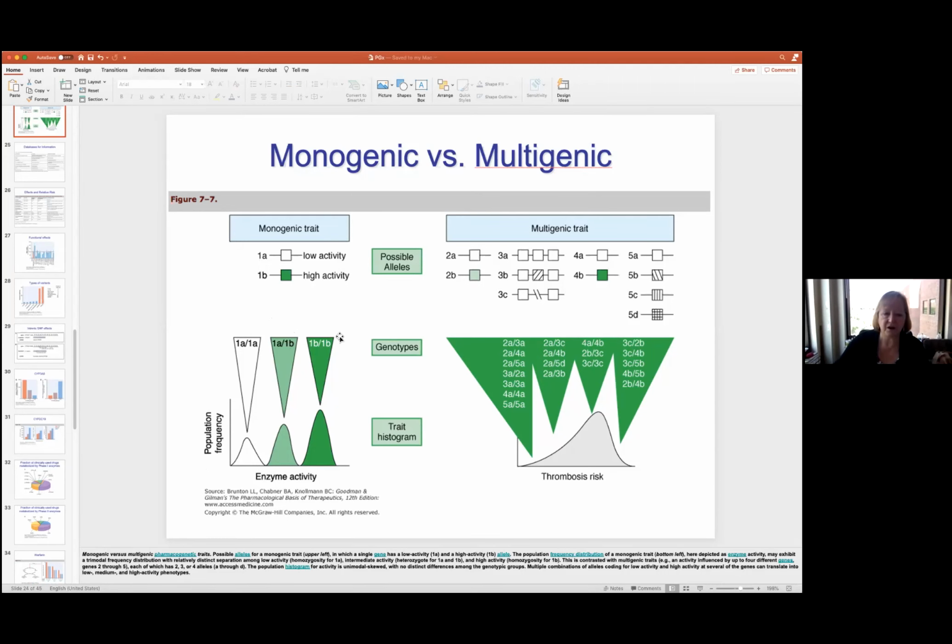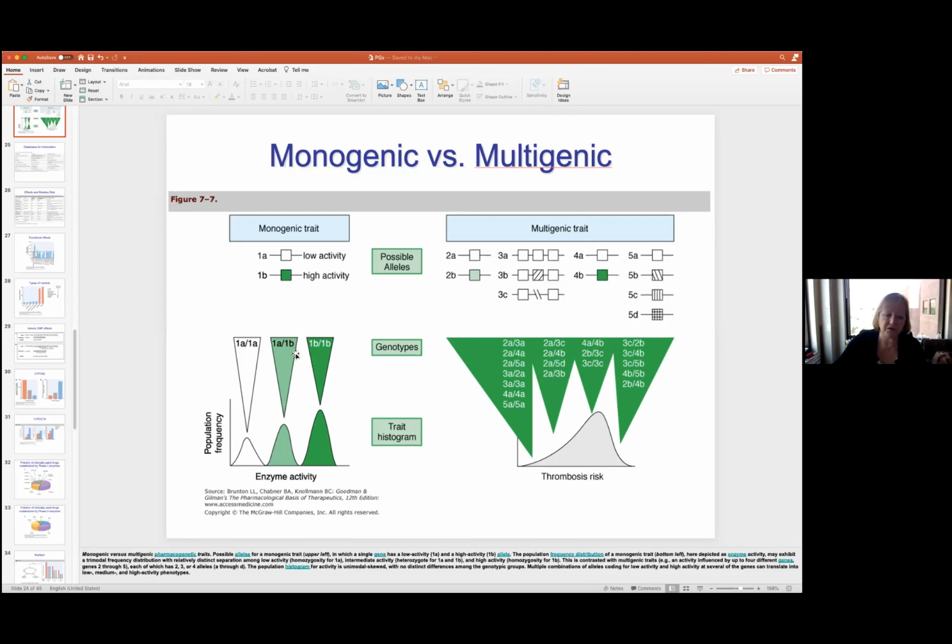And so if you have a segment of the population who's homozygous for the high activity allele, that means they have two copies of that high activity allele. You're going to end up with those folks having very high enzyme activity as a portion of the population. And the cool thing about enzymes is that you can have a mixture.